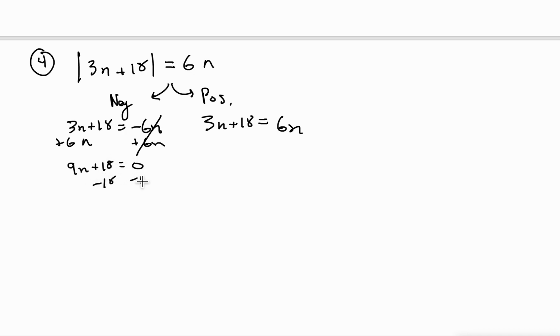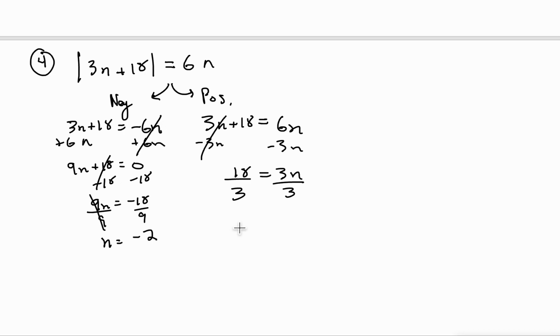Subtract 18 from both sides, so 9n equals negative 18. Divide by 9, n equals negative 2. On the positive side, we've got minus 3n from both sides, and dividing both sides by 3, so 6 equals n.